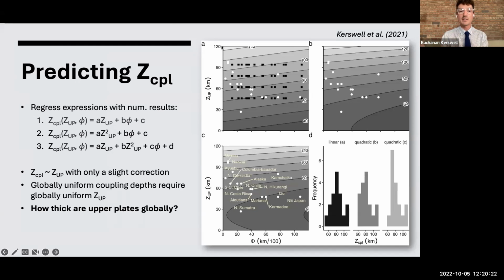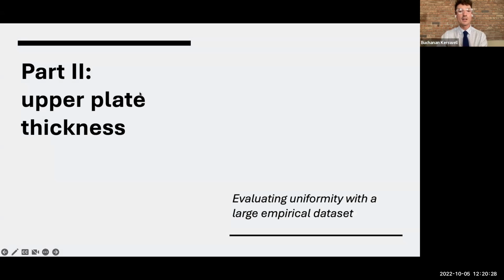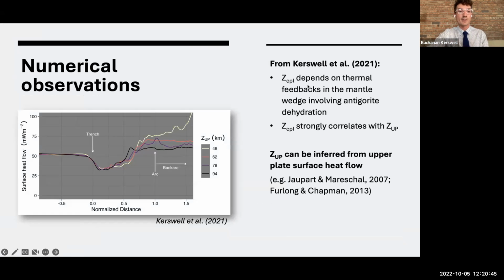This leads us to a testable hypothesis, because we have empirical data for surface heat flow. So for part 2, we can investigate the average thicknesses and the variation in upper plate thicknesses by looking at empirical data, namely surface heat flow.